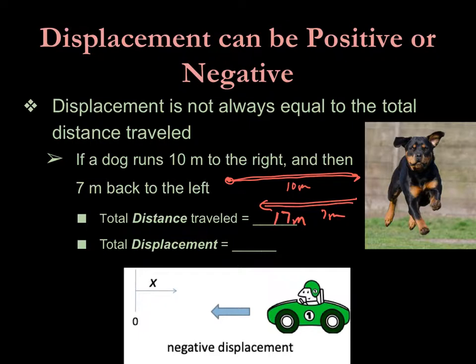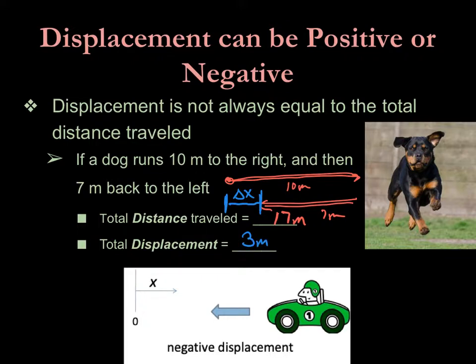Okay? However, as we said before, displacement is the total change in position from start to finish. The total displacement is measured from start to end point. And so in this case, it's only going to be 3 meters.